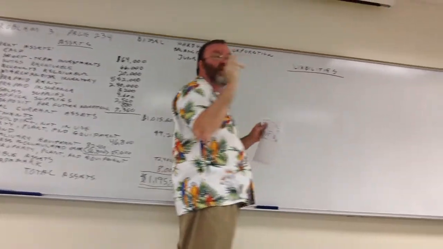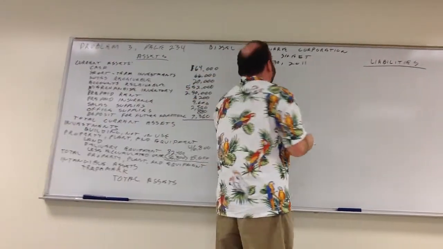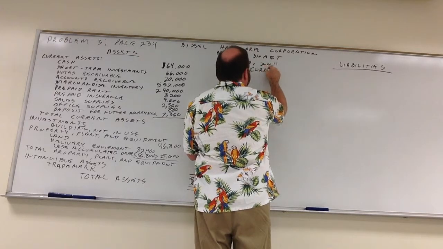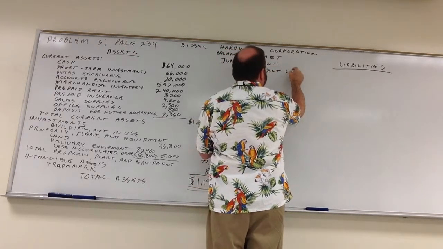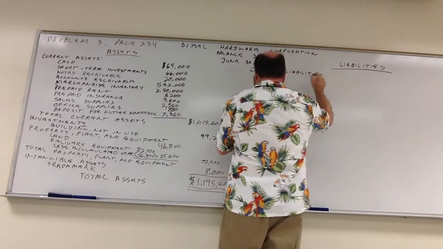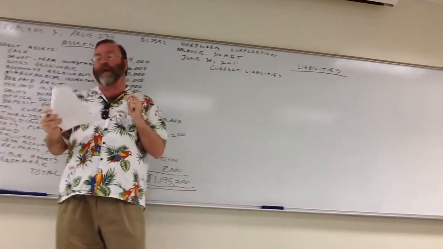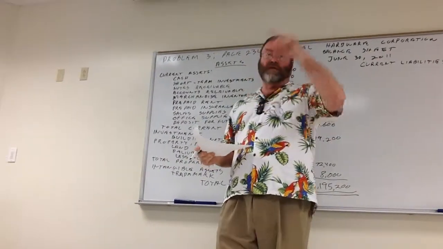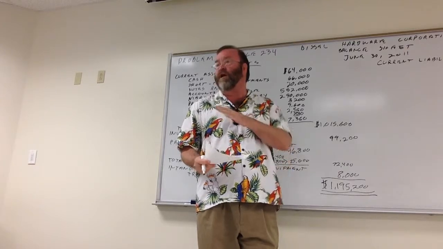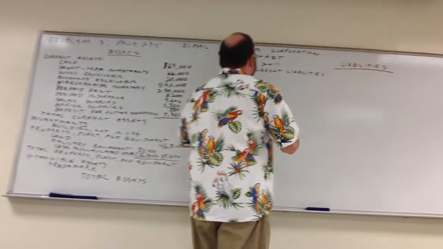So then we have liabilities. This has, at maximum, two subcategories. So we have current liabilities, which is everything that we have due and payable in the next 12 months or an operating cycle, whichever is longer. So this is all of the things that we're going to pay in cash in the next 12 months.